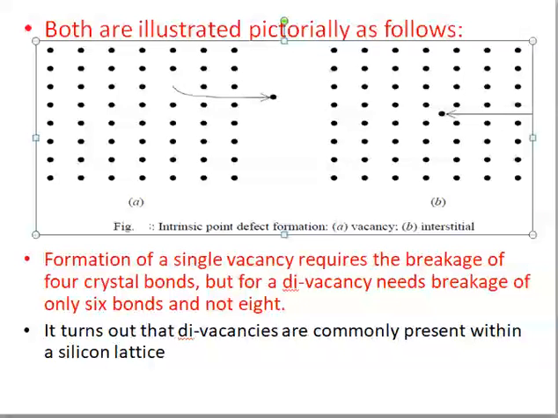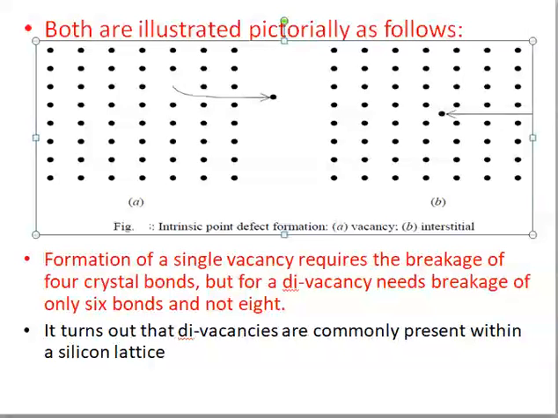While the second one, B, is showing a situation where we take an atom from the surface and transport it into the interior of the lattice of silicon or germanium, depending on the situation. So the formation of the vacancy, we said, is what? Transfer of an atom from the interior to the surface.